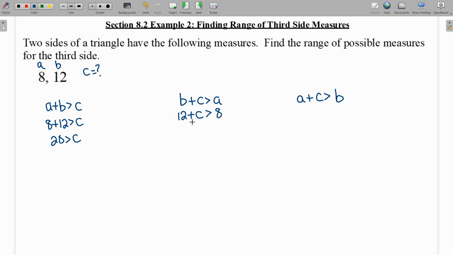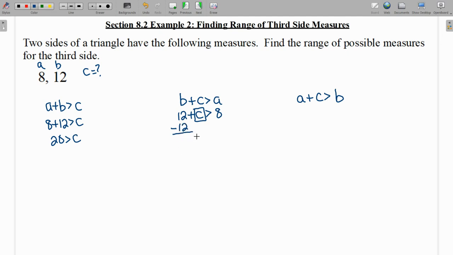For this inequality, I need to solve it for C, which means I need to isolate this variable on the left-hand side by itself. So this positive 12, I need to get rid of it. I do the inverse operation of subtracting 12.